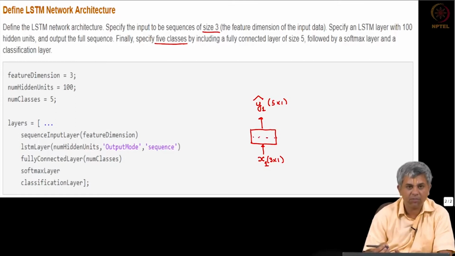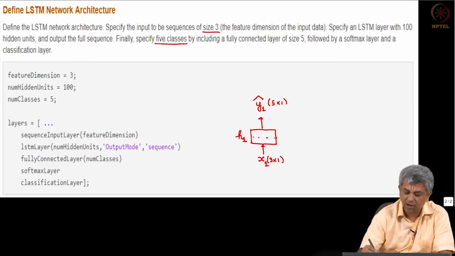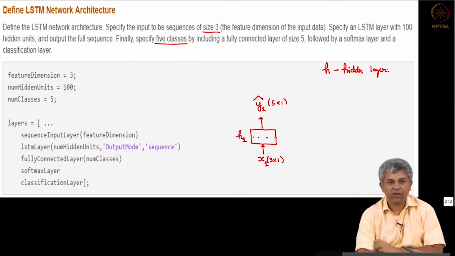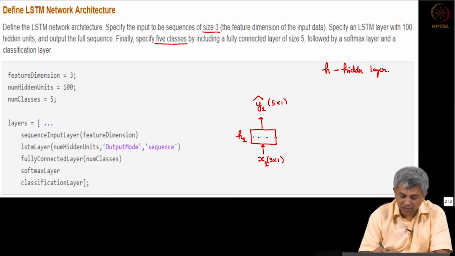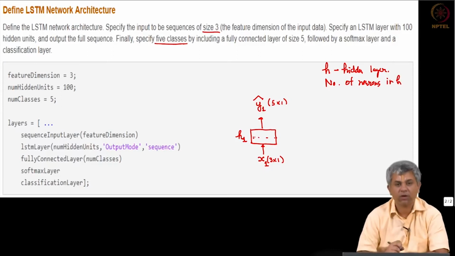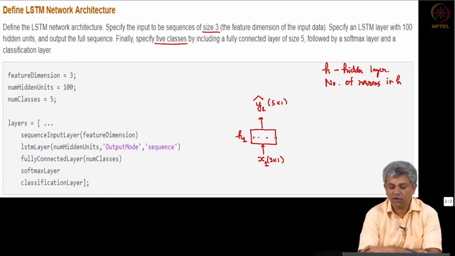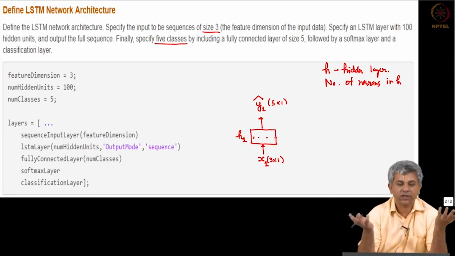This is what we typically call H for hidden layer, which is the terminology that we have used within neural networks right from the beginning. Now, what is the number of neurons in the hidden layer? I will call this H1. What is the number of hidden neurons in the hidden layer? This is once again like we were doing before, it is our choice. Okay.